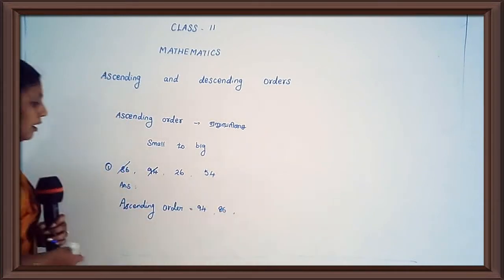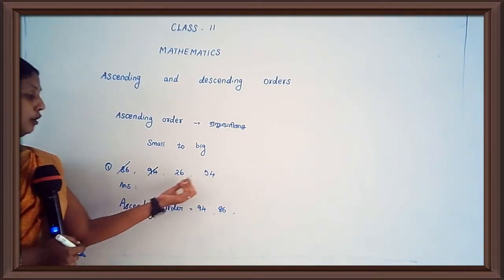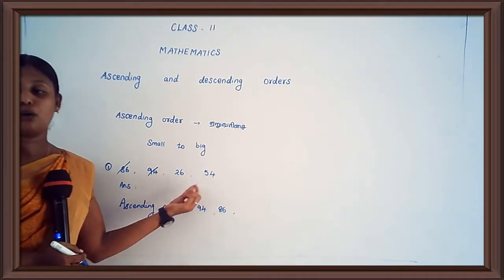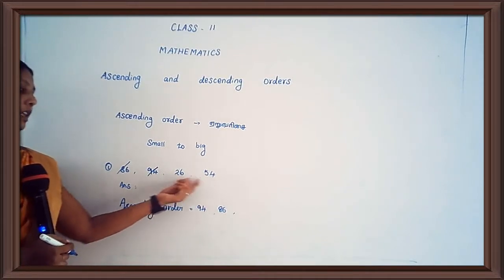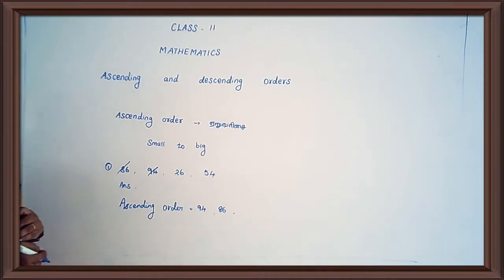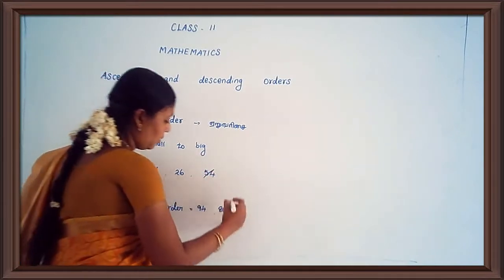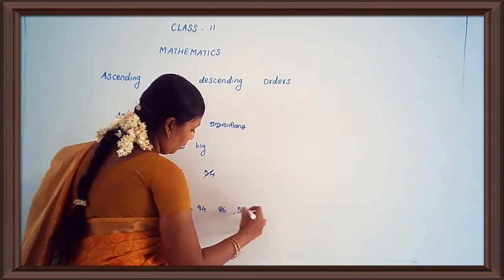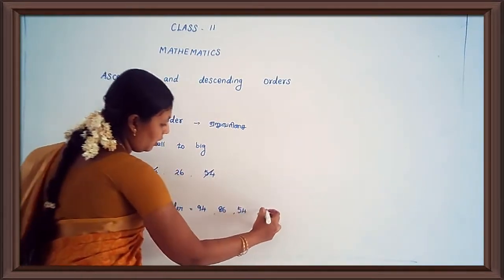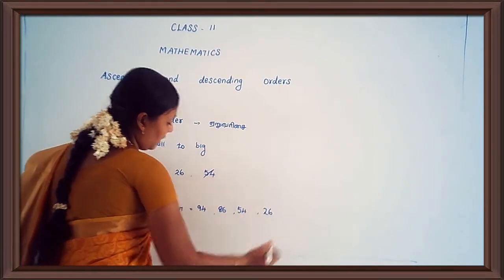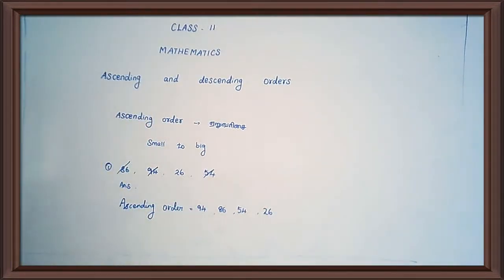Then see the next one, 54 and 26. Which is greater, ma? 54. So we cut and write here 54. And last remaining only one, 26. This is ascending order. This is one example for ascending order.